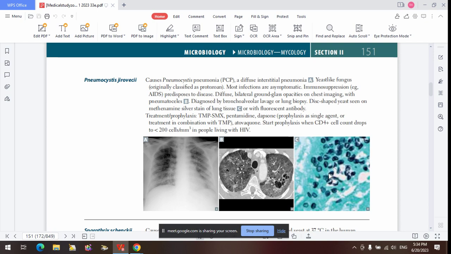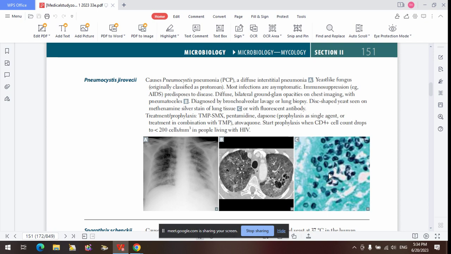So this shape, once you are seeing it like that, you know that okay, this is likely to be the Pneumocystis that they are talking about. Or we can use fluorescent antibody. They are going to describe it even for us in the question. So this disc-shaped yeast on using this special stain, methenamine silver stain, you are thinking Pneumocystis jirovecii.